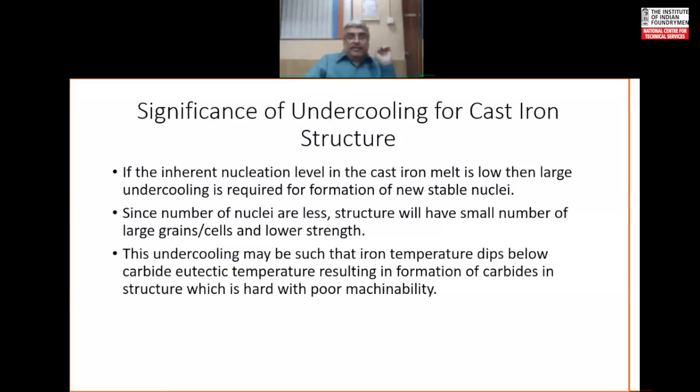Another effect is if this undercooling is so large that the iron temperature dips below the carbide eutectic temperature. We saw that the iron-carbon diagram has two types of eutectics, a carbide eutectic and a graphite eutectic, which we saw in the phase diagram.